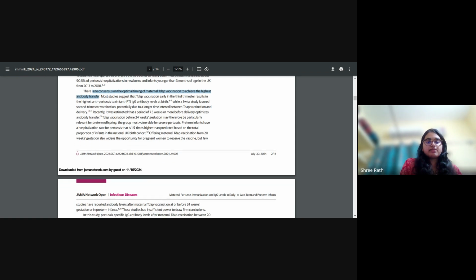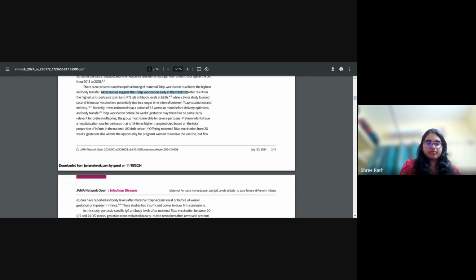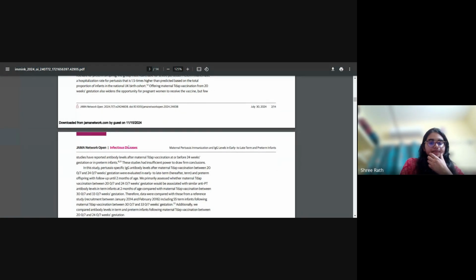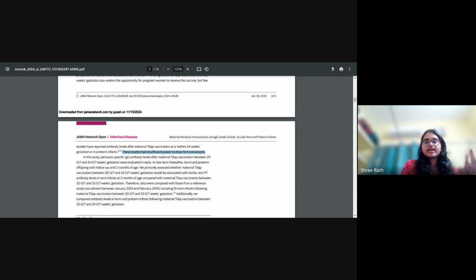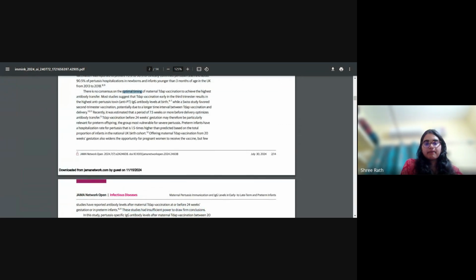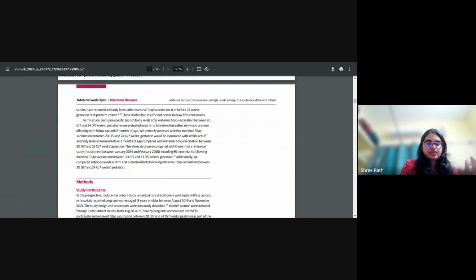They've highlighted past literature which suggests that it should be given early in the third trimester, whereas a different study specified second trimester administration. And they noted that these studies had insufficient power to draw firm conclusions. So that is the gap in literature: there is no firm conclusion on the optimal timing of Tdap vaccination.